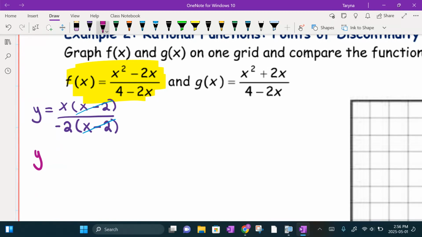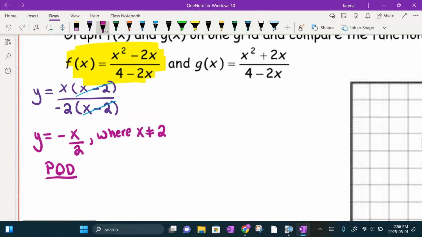Then you're left with y equals negative x over 2, where x cannot equal 2. So this one's going to have a point of discontinuity. And that point will be at 2, comma, negative what? Negative 2 divided by 2 equals negative 1.